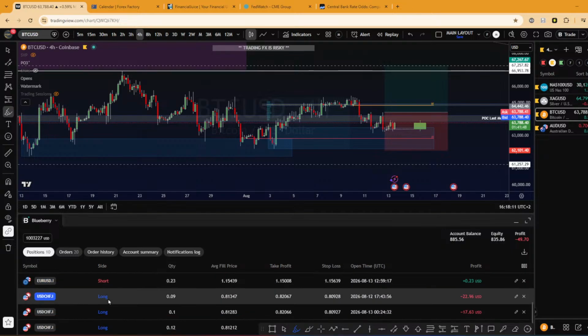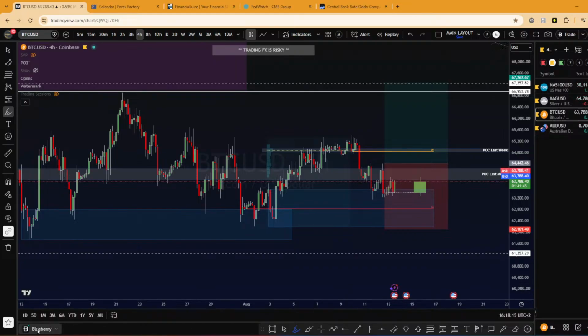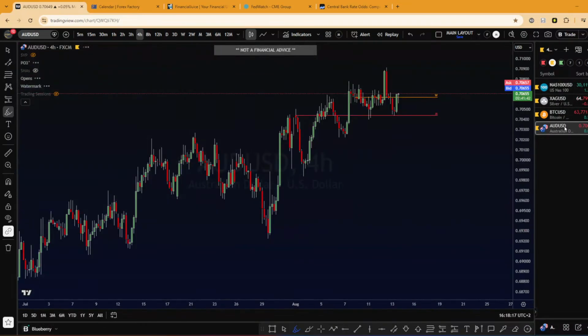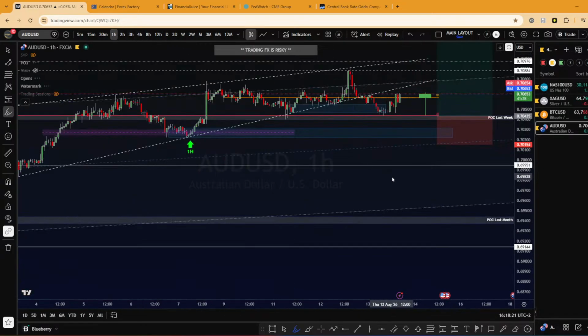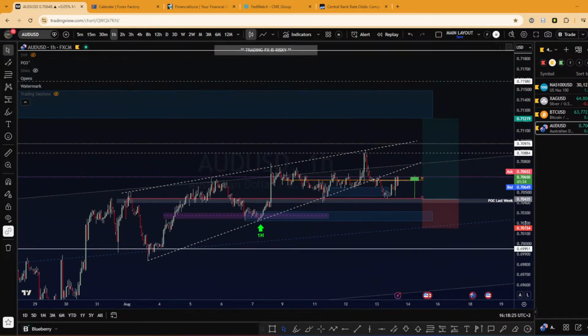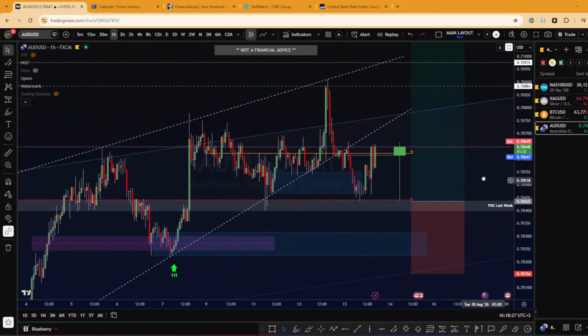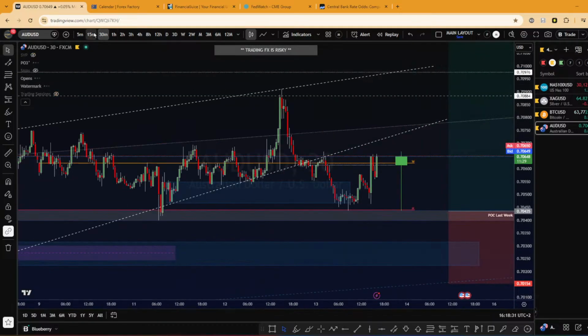Drawdown. Oh my goodness. I think it's USDCHF. Aussie is pushing again. Oh my goodness. This thing is pushing.